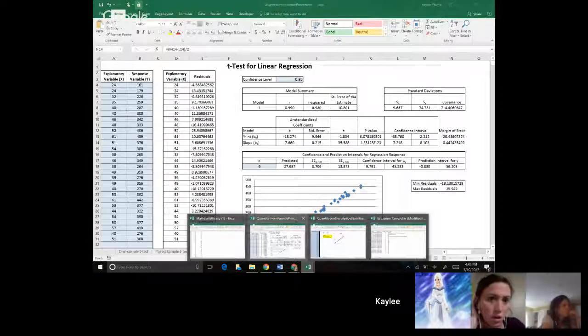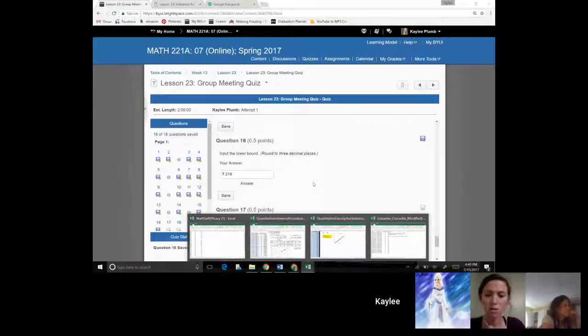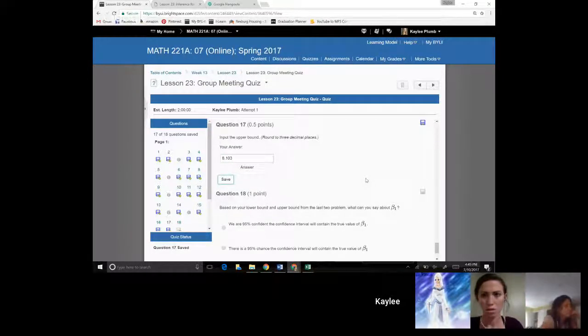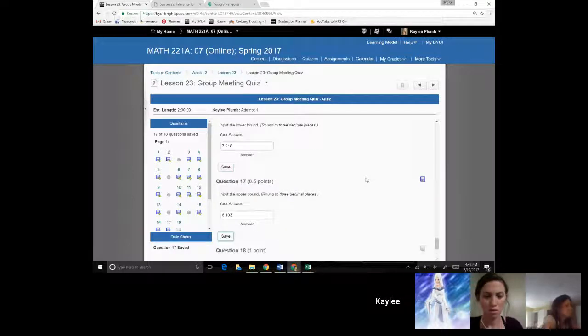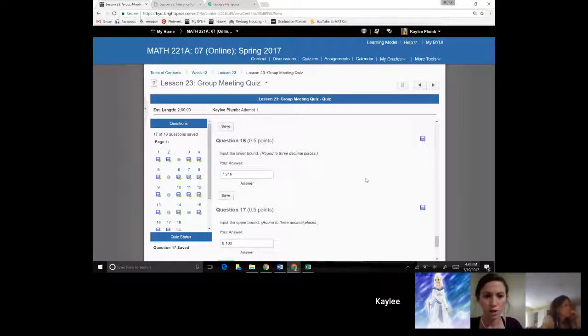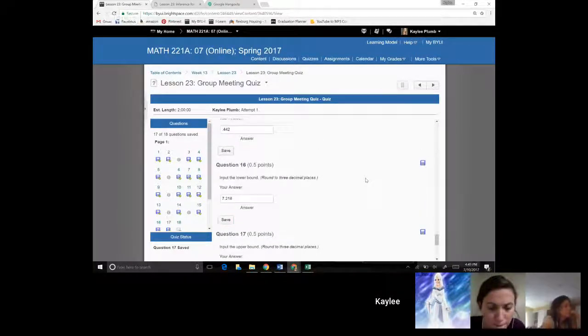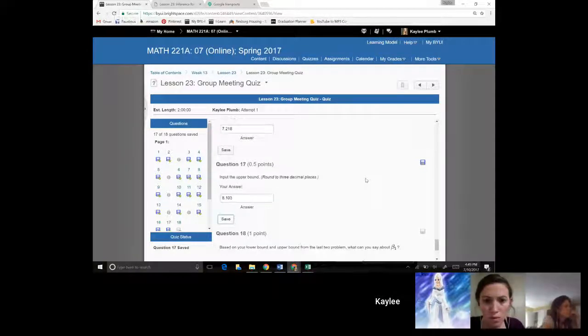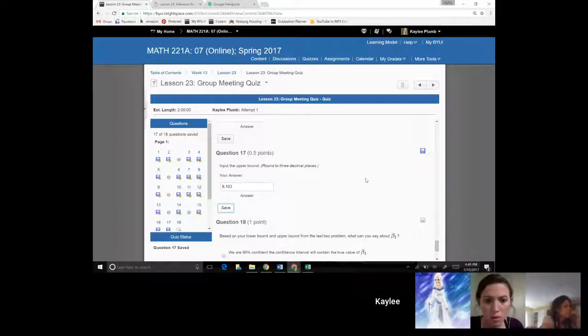And then upper bound 8.103. Same here. What did you get again? What did you get for the upper bound? Upper bound 8.103.